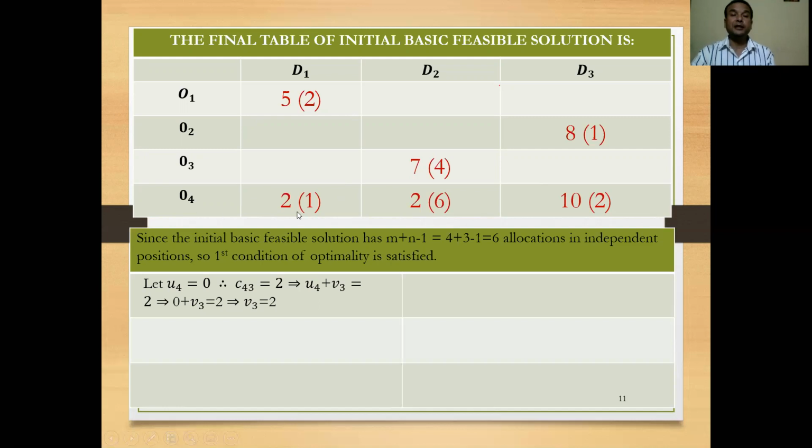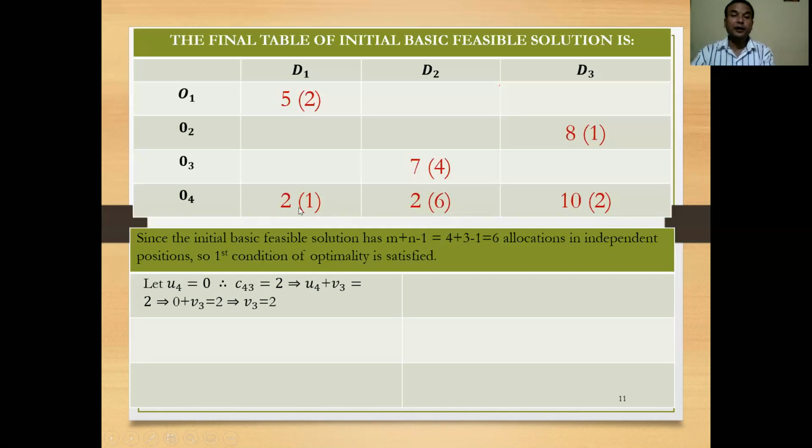So here we have seen the maximum number of allocations is in row number 4. So we take U4 is equal to 0 conveniently. We may assume some other values also, but more conveniently we assume U4 is equal to 0. So here we have assumed U4 equals 0.